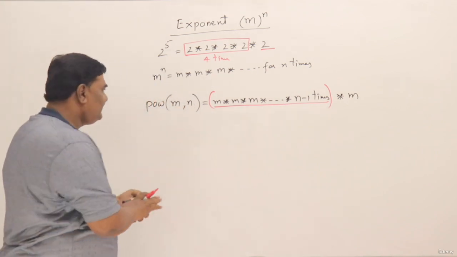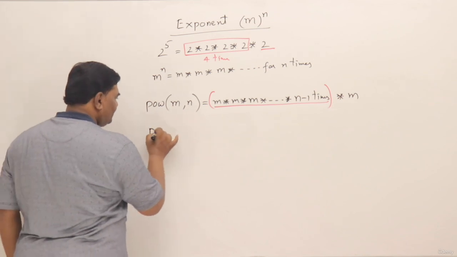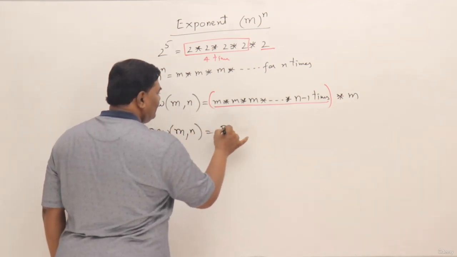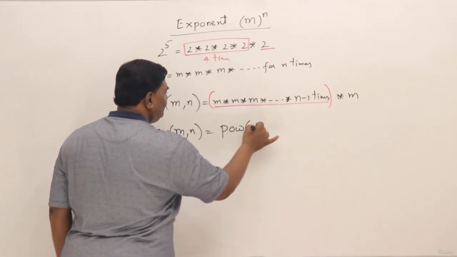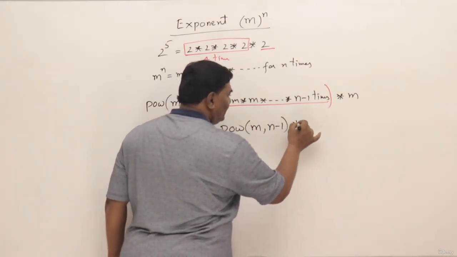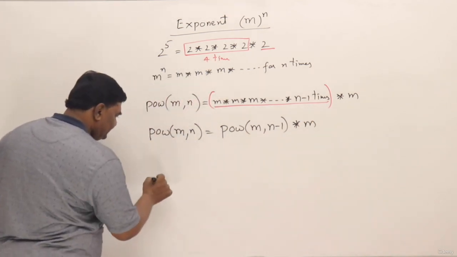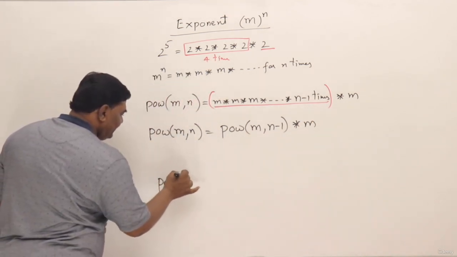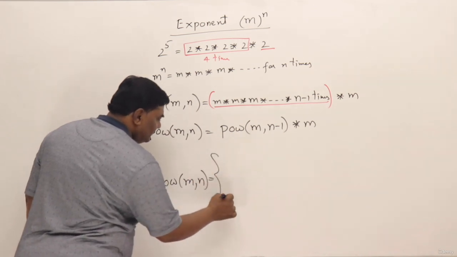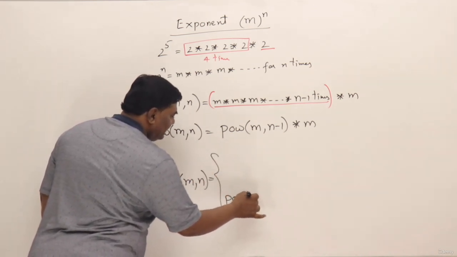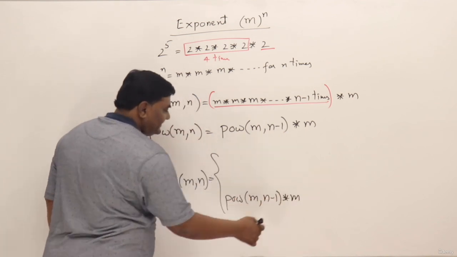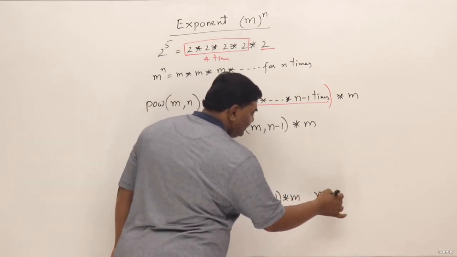Now I can define this recursively. I can say power of (m, n) is power of (m, n minus 1) into m. So this can be defined as a recurrence relation: power(m, n minus 1) into m when n is greater than 0.